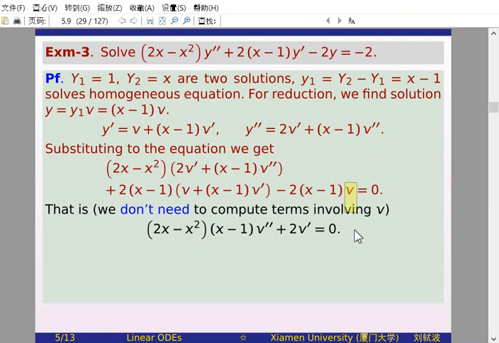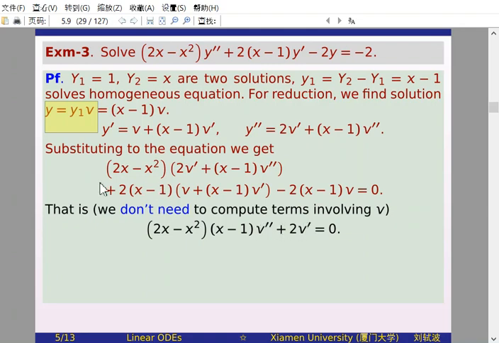This is the spirit of the reduction of order. When you make this transformation of unknown function, the new equation will never contain the 0th order term, that is v itself. It only contains terms of v prime and v double prime.